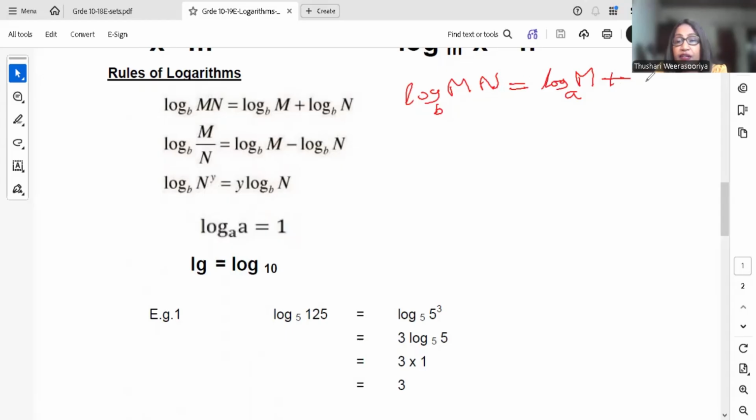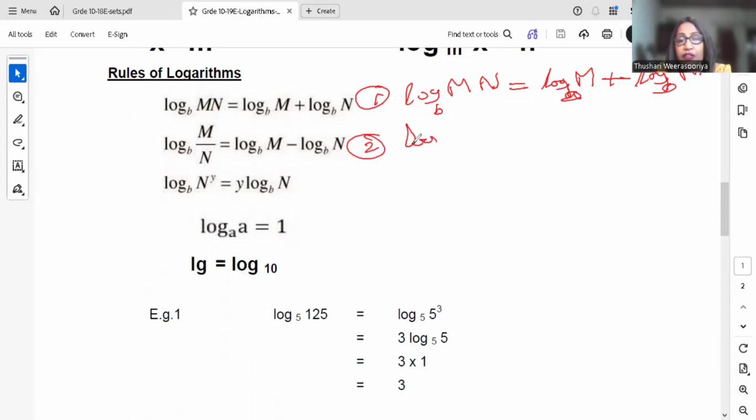Now multiplication I can break as addition. The base should be b. If this is base b, this is also base b. That is the first rule, multiplication rule of logarithm. When you have logarithm multiplication, you can break as addition.